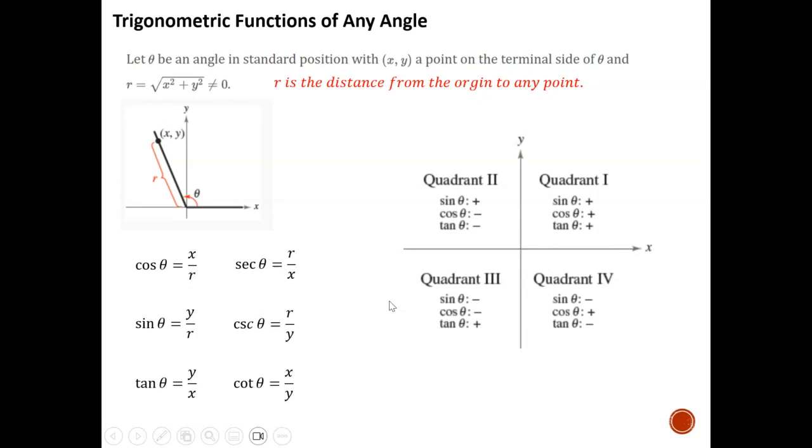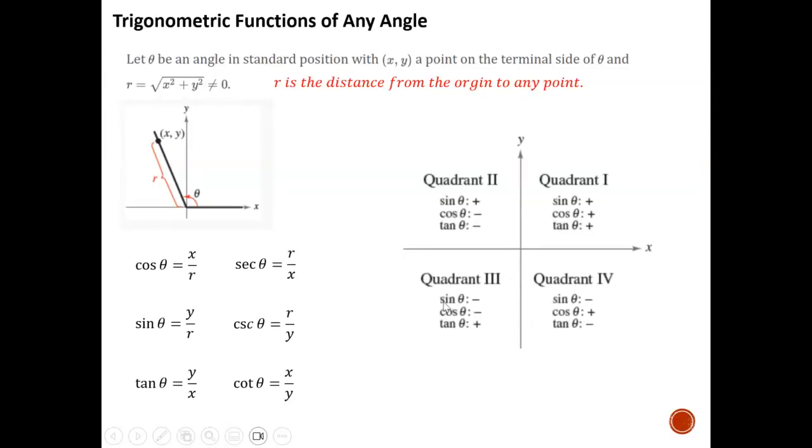Okay, now this is crucial to know, guys. If you notice, this is quadrant 1. Everything is positive, the sine, cosine, and tangent, because the tangent is equal to y over x, or sine over cosine. If they're both positive, then the tangent will be positive. In quadrant 2, the sine is positive, which is my y, the cosine is negative, which is my x, and also the tangent is negative because a positive and a negative will give you a negative.